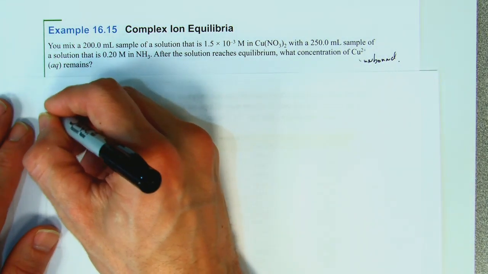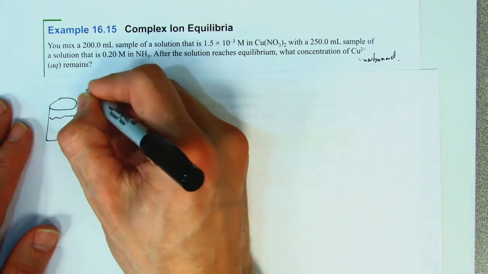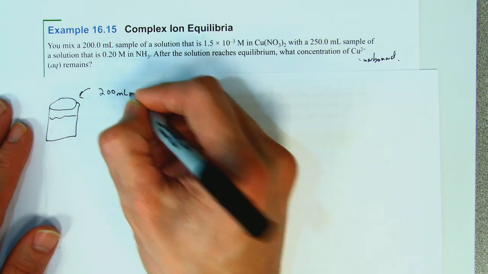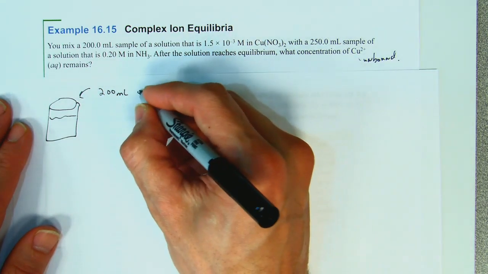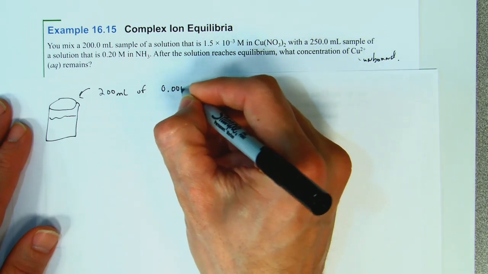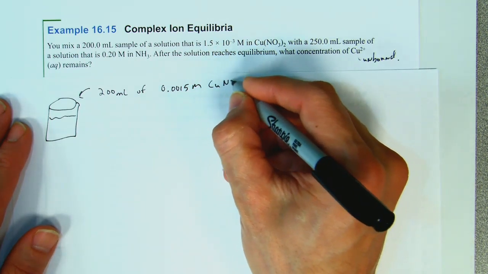I always like to start questions by drawing a picture, right? So I'm going to have myself a beaker. What goes into this beaker? Well, one thing that goes into the beaker is 200 milliliters of 1.5 times 10 to the minus 3 molar copper nitrate.